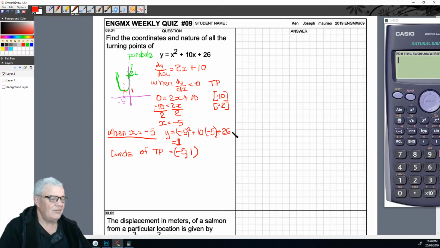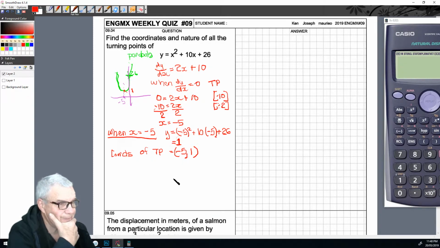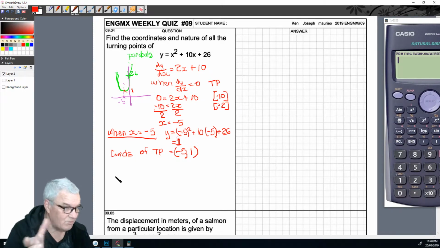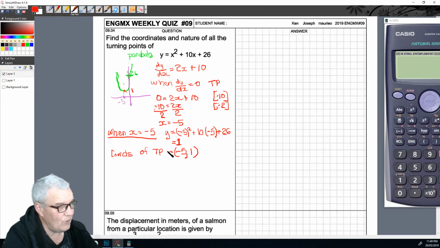Ooh, this might have been quite handy when we were doing parabolas. Now we know this information. When we do parabolas, well, we could use it maybe. All right, so now we've got the turning point.